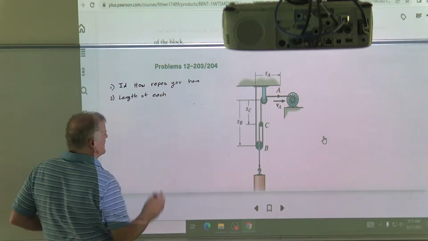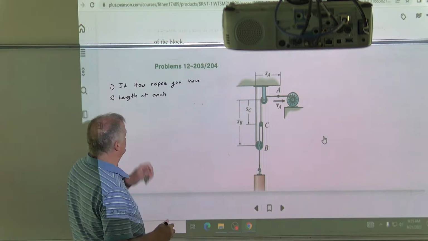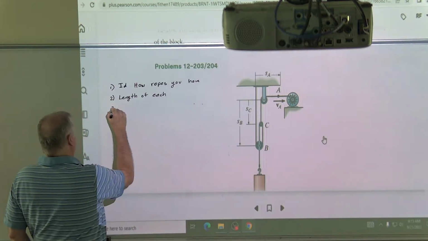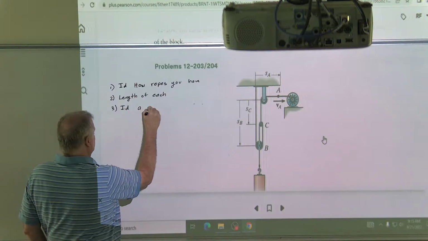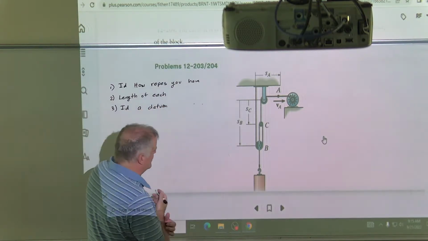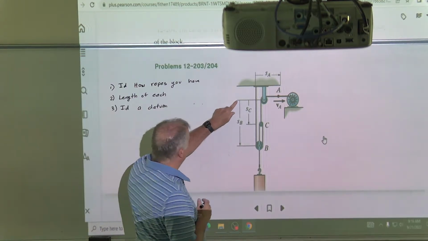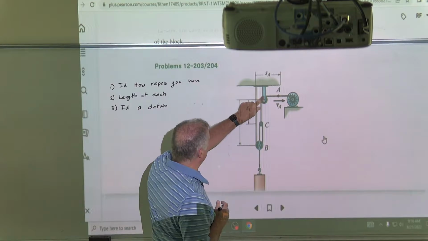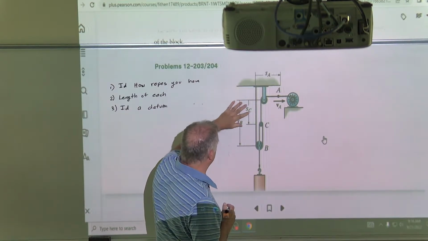And that's it. Now, it turns out you've got to have a datum, a fixed location. So you have to identify a datum. In this one, he's already done that for you. He's basically told you this little part's attached to the wall. It's not going to move anywhere.